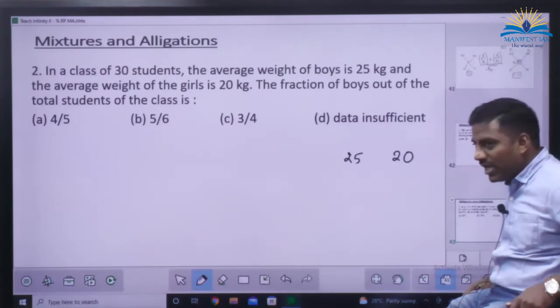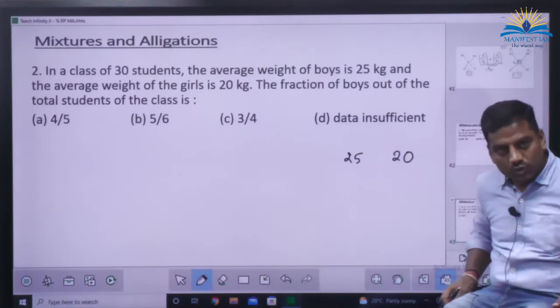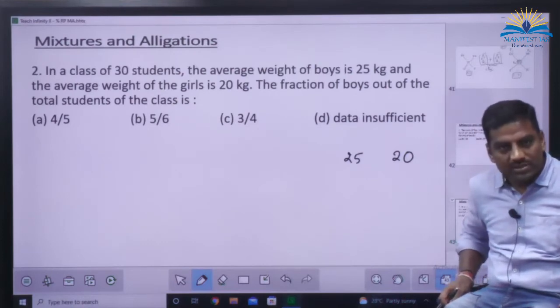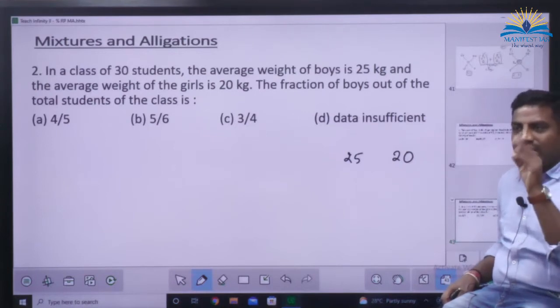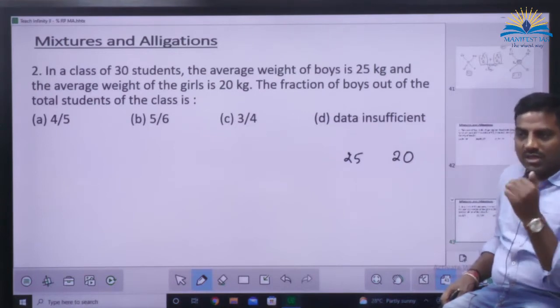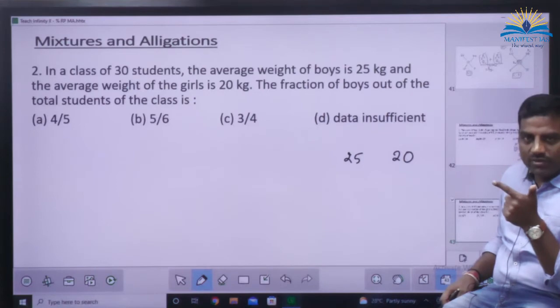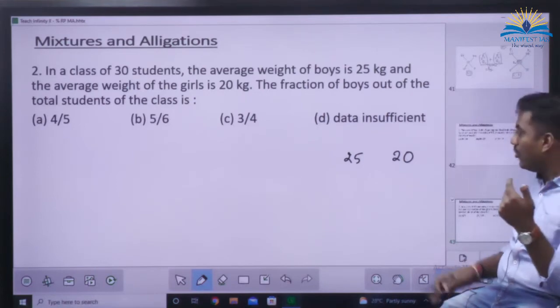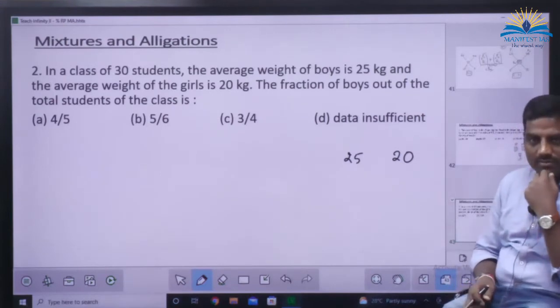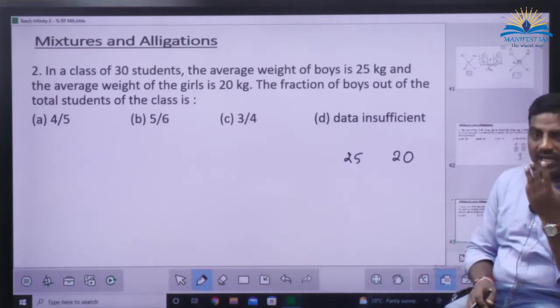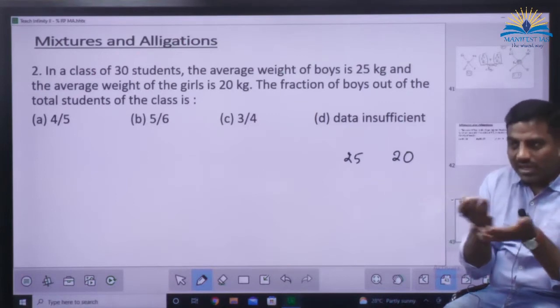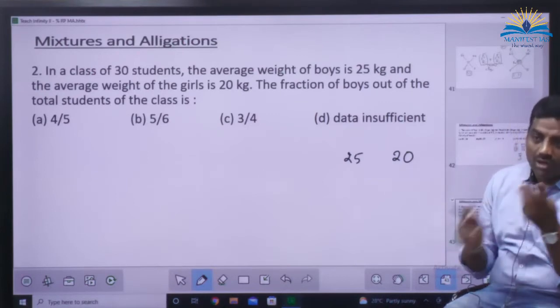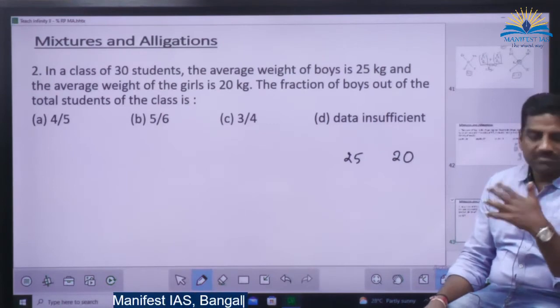So at least we should have total students. Do we have total students? Basically in these problems, we get 5 data, no? Quantity 1, quantity 2, price 1, price 2, price of the mixture, correct? But how many they have provided? If they had given 3, at least we would have got something. But when they have supplied only 2 informations, we can't do anything.